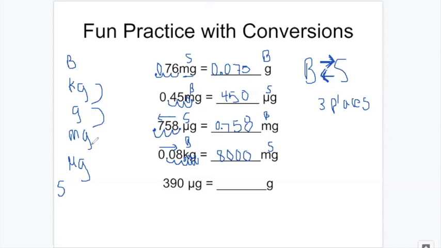All right, last but not least, another one that's 2 jumps. So from micrograms to milligrams to grams. So 6 decimal places total. But here you're going from the smaller unit to the bigger unit. So from smaller to bigger, you're moving the decimal to the left. And you're going to move it a total of 6 places. So 1, 2, 3, 4, 5, 6, right?